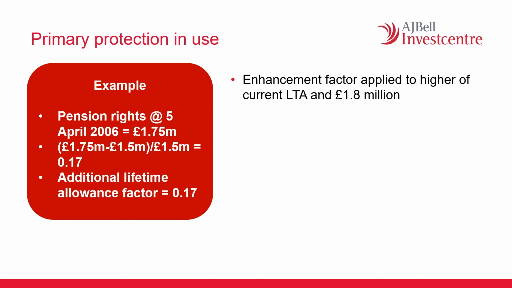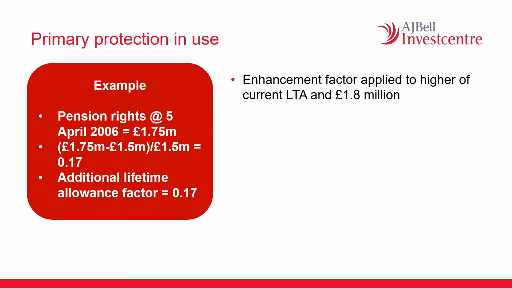But obviously that was when we thought the lifetime allowance was only ever going to go up. So when that changed, they introduced this concept. The idea is that when the lifetime allowance was dropped, people aren't worse off than they would have been when it was at its highest, which was 1.8 million. So for primary protection, you always apply your enhancement factor to 1.8 million.